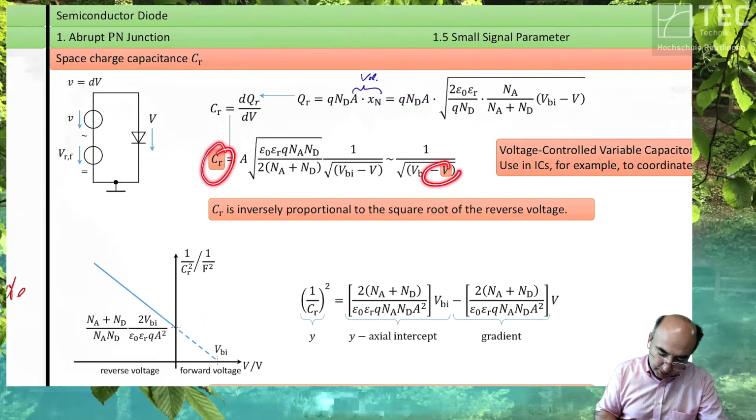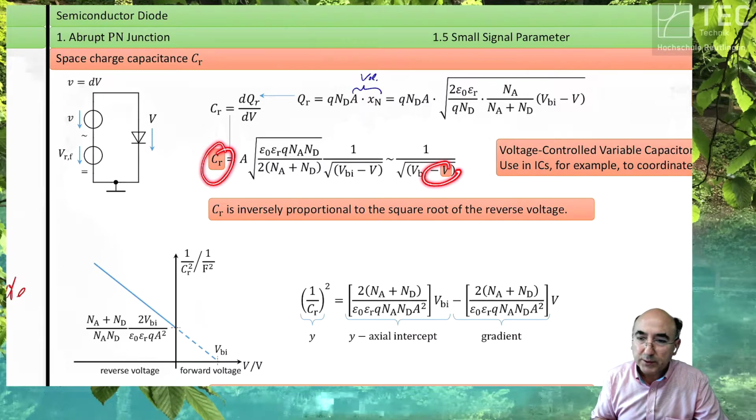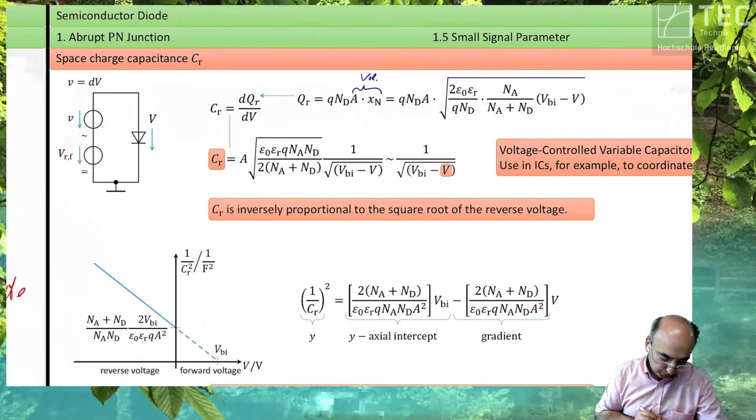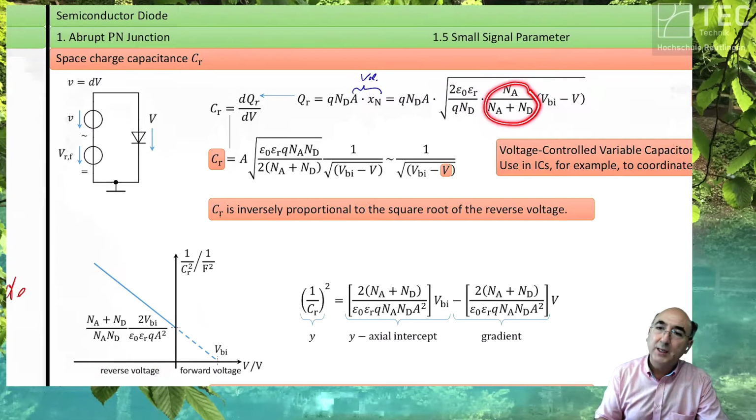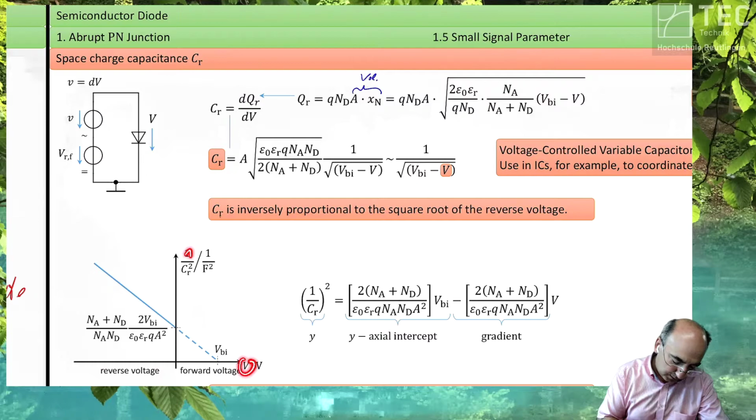This information is also used for characterization purposes. How? You reverse bias your diode, and in the reverse polarity, if the doping concentrations are box-shaped, then if you plot voltage against 1 over the capacitance squared, you get a straight line.